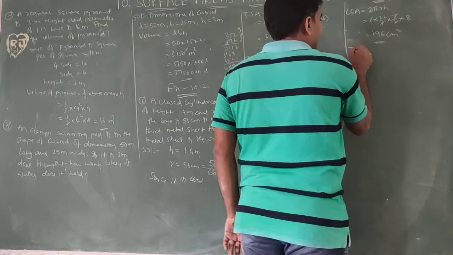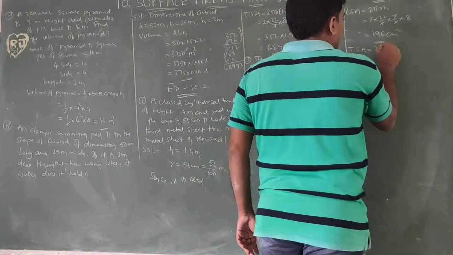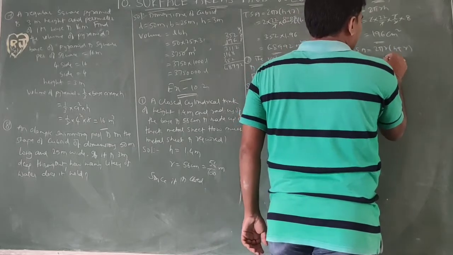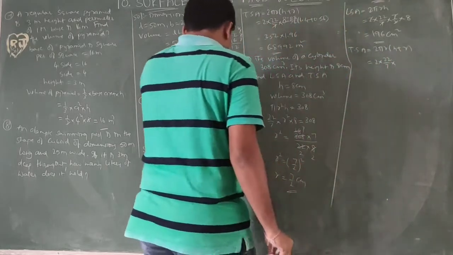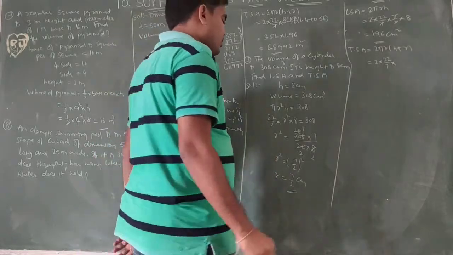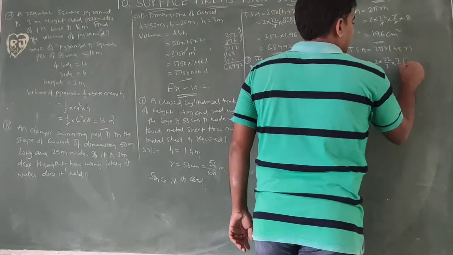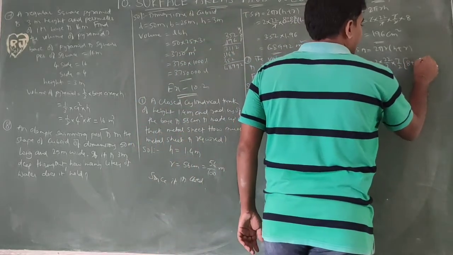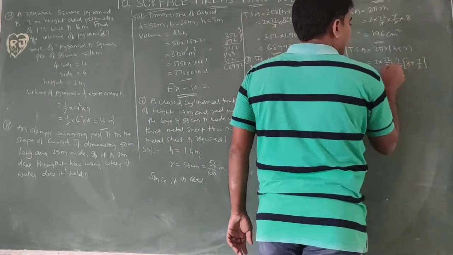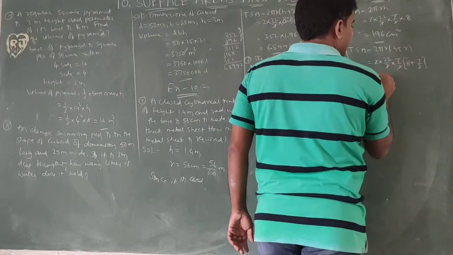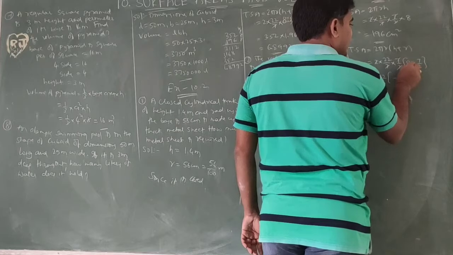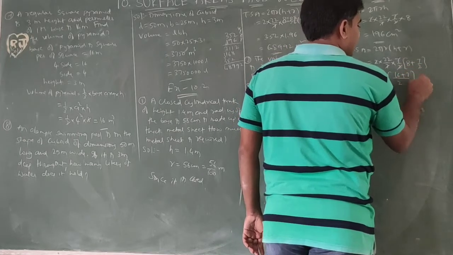Next TSA 2 pi R of H plus R. 2 into 22 by 7 into R value, 7 by 2, H value 8. So 2 cancel, 7 cancel, 22 R. LCM 2 into 8 16 plus 7.